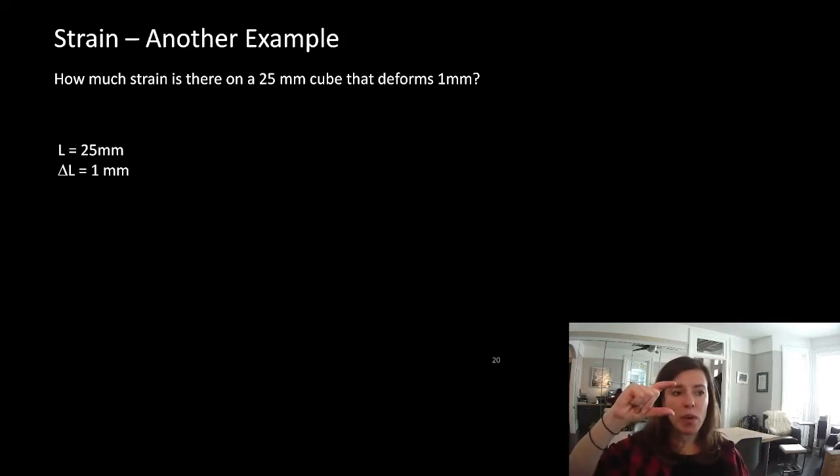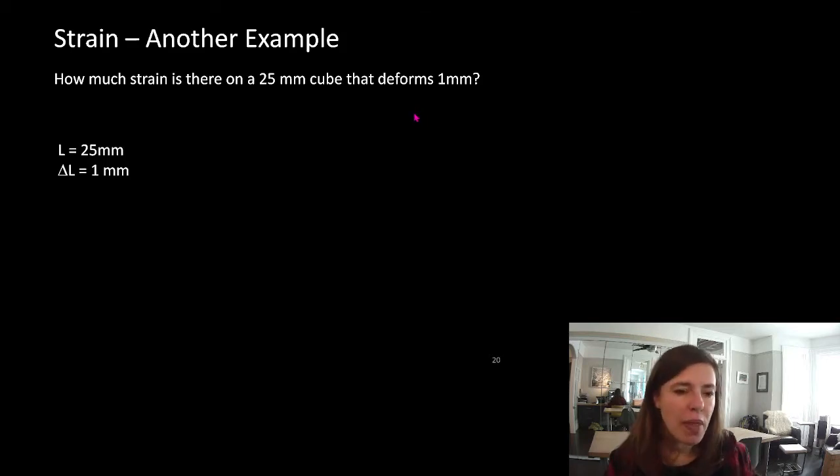Now we're talking about one that is 25 millimeters tall, and there's some load on it. We don't know what that load is, and it deforms 1 millimeter. So it was 25 millimeters, and it deforms 1 millimeter. Does it stretch or does it compress? They haven't told us. They've just told us that the delta is 1 millimeter.